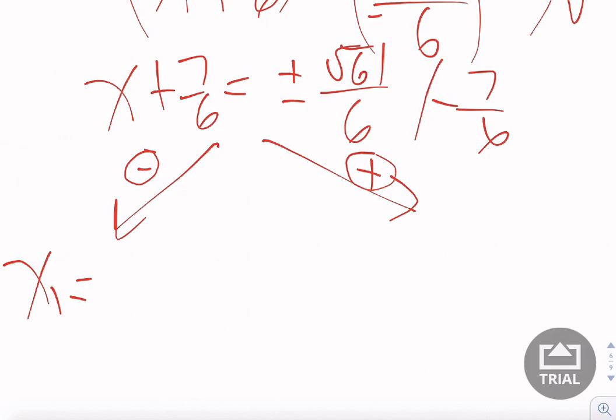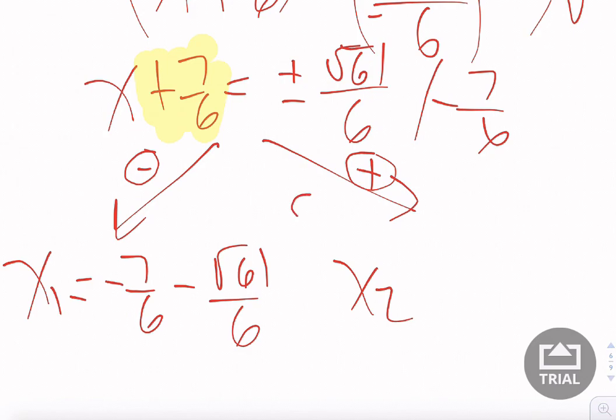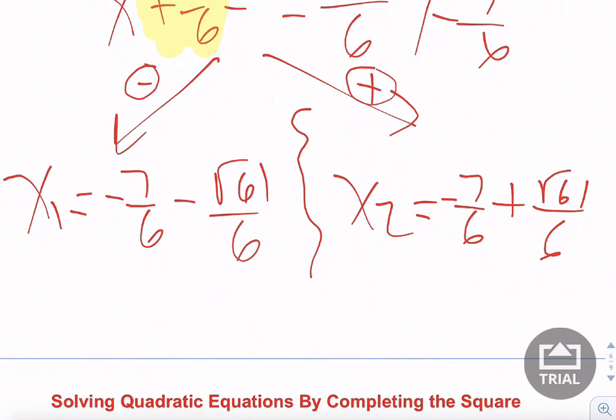Can't forget that, because I have to get that to the other side of the equation. So I undo adding 7 over 6 by subtracting 7 over 6. So I end up with negative 7 over 6 minus root 61 over 6. Then on the other side of the equation, I do the plus one. So it's going to be negative 7 over 6 plus root 61 over 6.